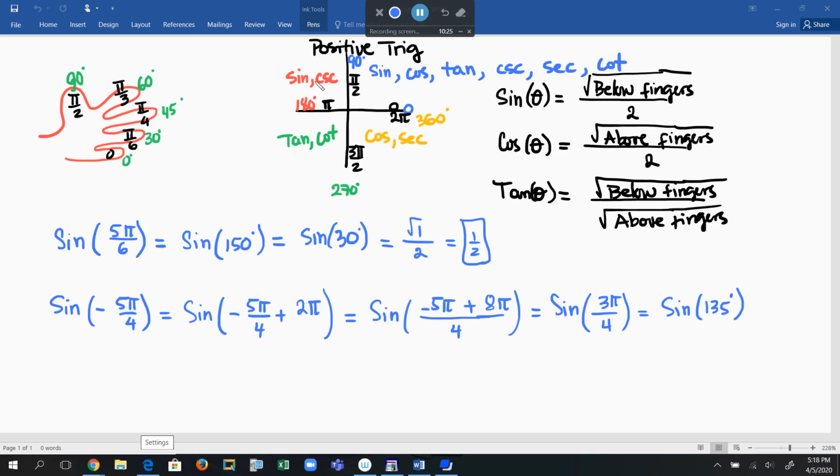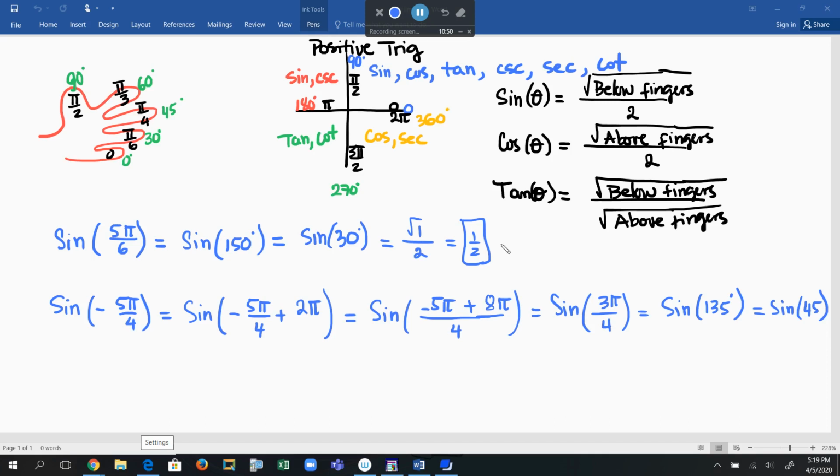So therefore, the reference angle will be 45 degrees. The angle from the terminal side of 135 degrees to the x-axis will be 45 degrees. So that will equal sine of 45 degrees.